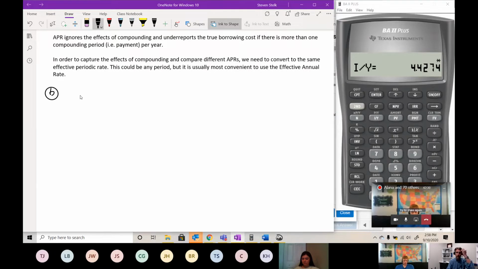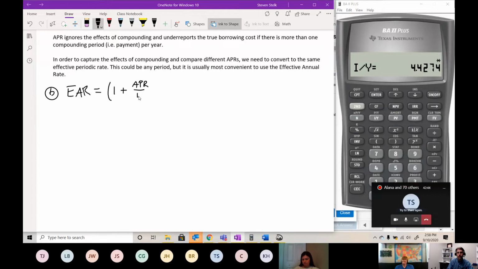This is where we want to convert it to an EAR, and we have a formula for that, where EAR, or the effective annual rate, is equal to 1 plus the APR, let's use the generic formula first, APR divided by M, raised to the M, and then minus 1.